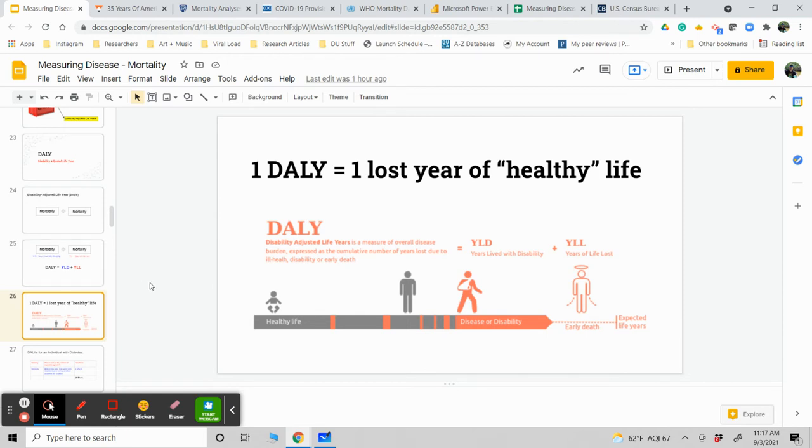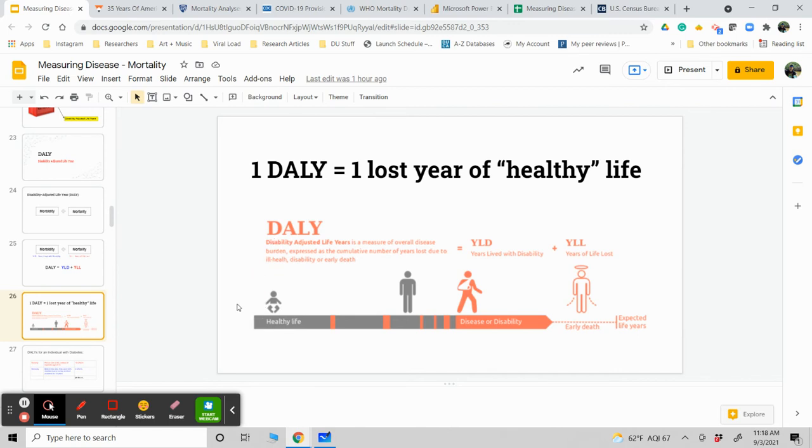What's interesting about this is it takes into account not only death, but when death occurs. It also takes into account the number of years that someone lives with disability. So if someone lives with a disease that causes a lot of disability, that is also taken into account. It also takes into account different age groups, and it gives different weight to when different people die.